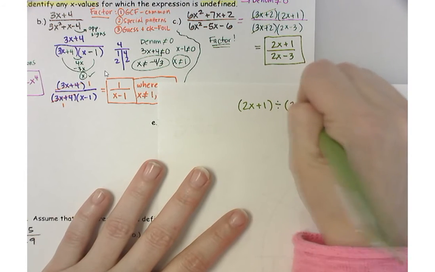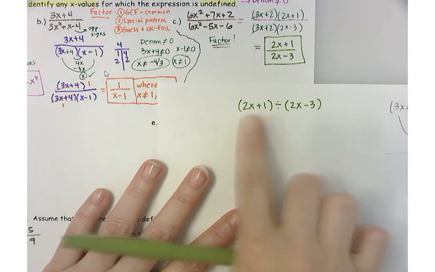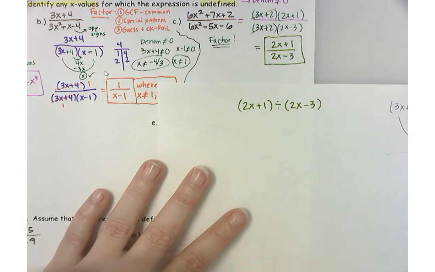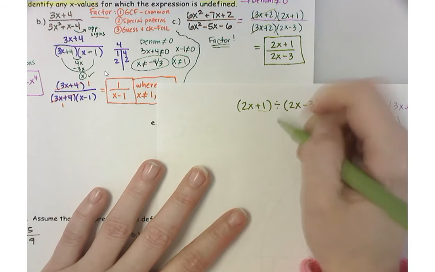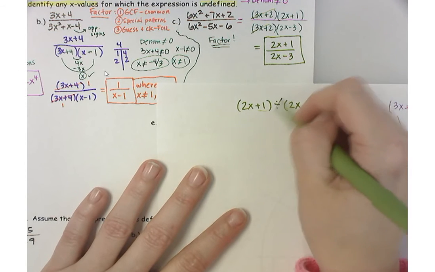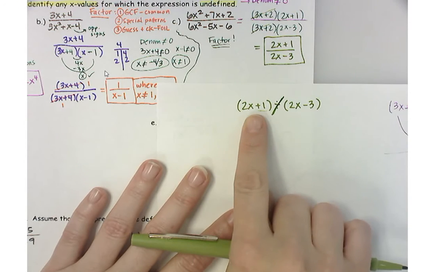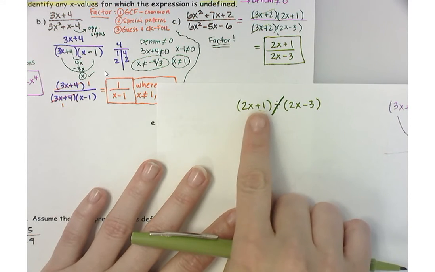So now I'm going to find out what my restrictions are. So really, if I'm finding out my restrictions, instead of looking at the last step, I want to look at my second step. Okay? Or even my first one, but your second one is when you factor it. So the denominator cannot be 0.